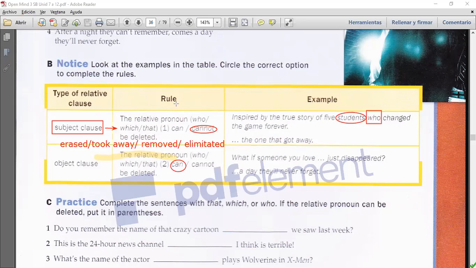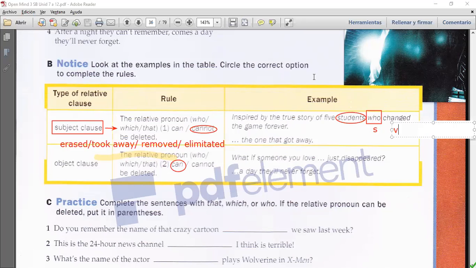Why do we call it subject clause? What is the subject? Who is the subject in the clause? The clause is organized by a subject and a verb.